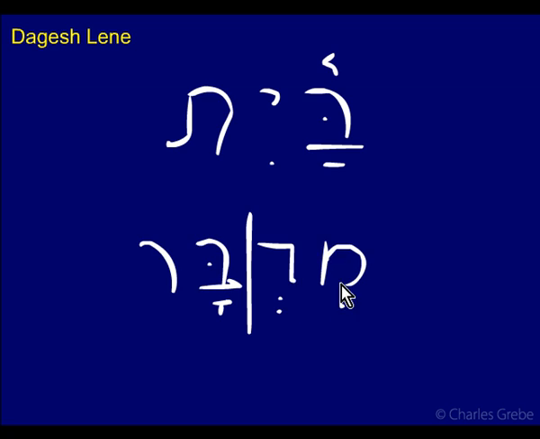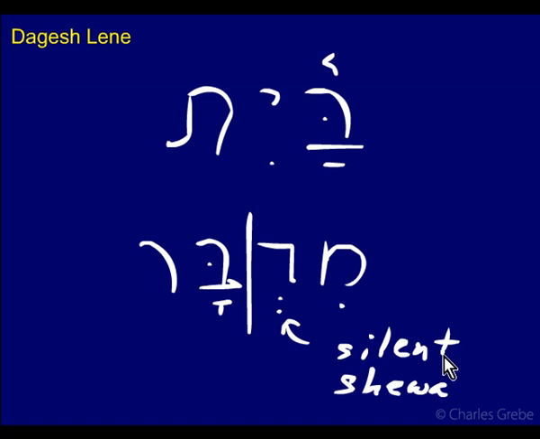This is the closed syllable, CVC. There's a silent shva here, right? It's not a vowel, it's a syllable marker. Silent shva. So given that this is a silent shva, our conditions are met. This letter is the beginning of a syllable, no preceding vowel. So the Dagesh Lene is there.